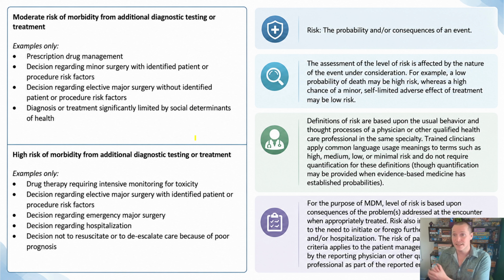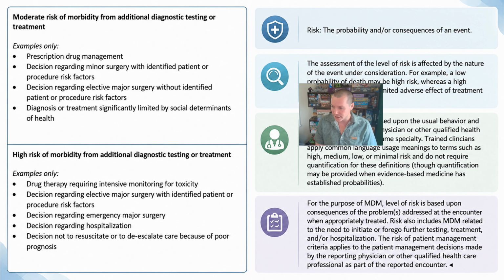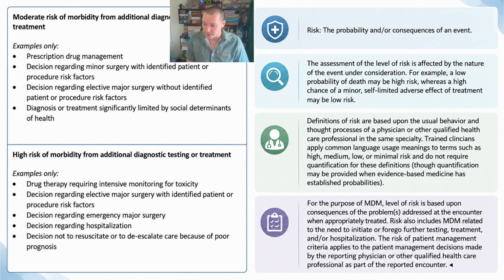Now, how risk is categorized for medical decision making. We're just going to do a light review of risk here, specifically the surgery side of things. Risk is the assessment of the level of risk affected by the nature of events under consideration. It's the risk of treatment and the probability of consequences of an event.